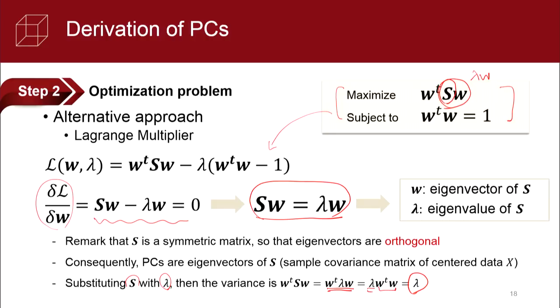So in summary, given the sample covariance matrix S for the centered data X, the eigenvectors are orthogonal to each other. They are indeed the principal components, and the corresponding eigenvalues represent the variance along the principal component.